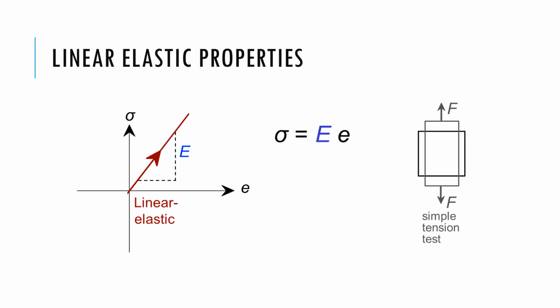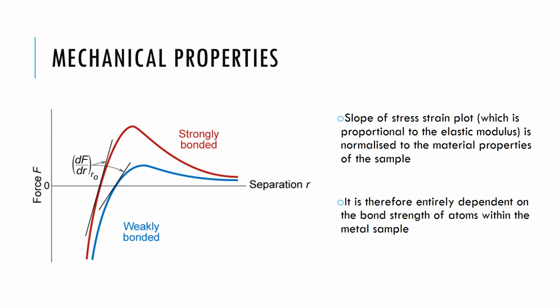Now, we can calculate the Young's modulus of a material by taking the gradient of a graph within the linear elastic region of engineering stress versus engineering strain. And indeed, these graphs are a measure, if you like, of the bond strengths of atoms within a metal sample.